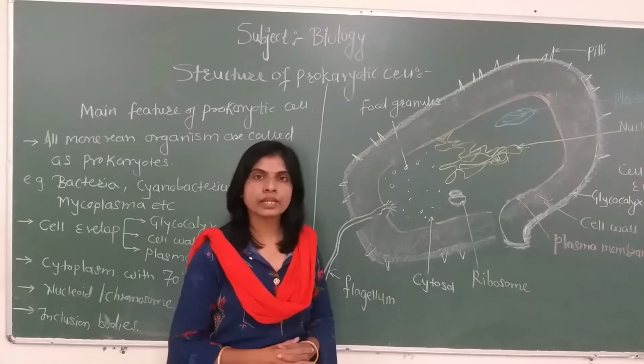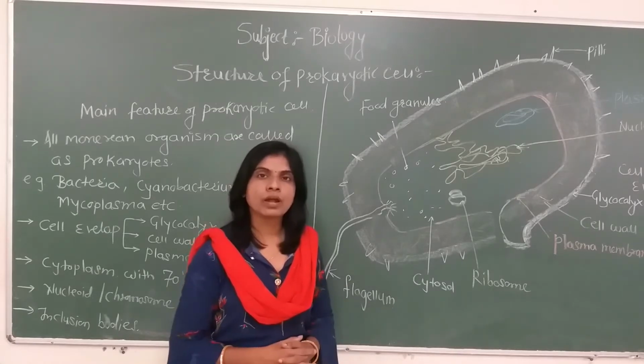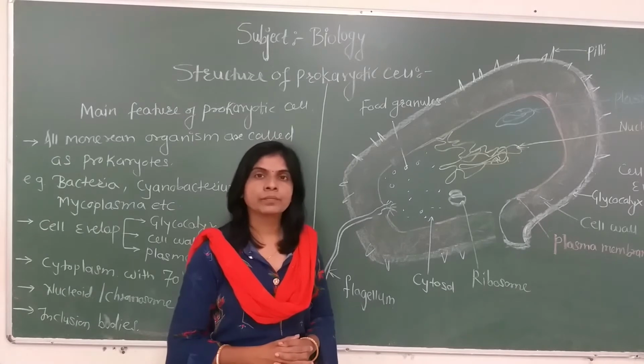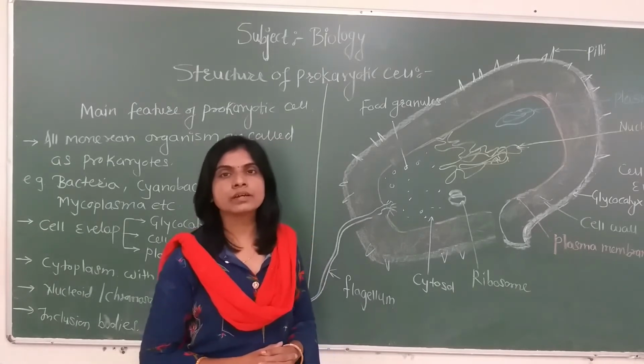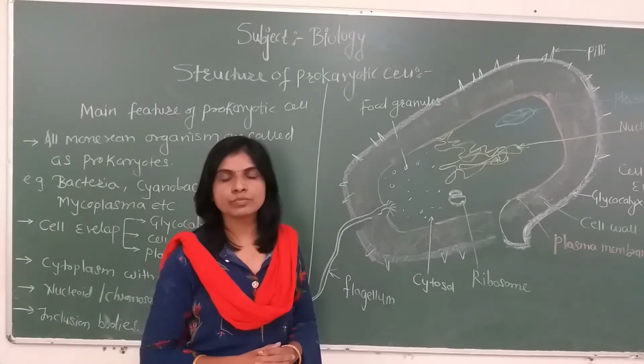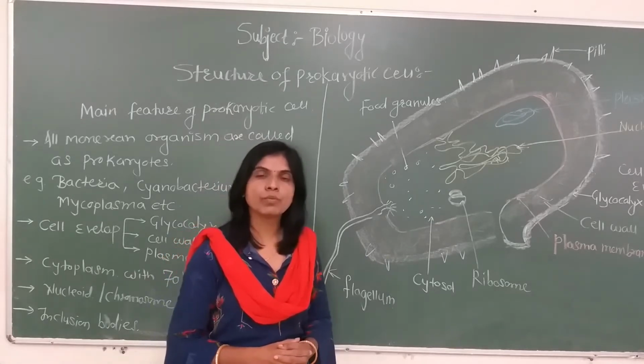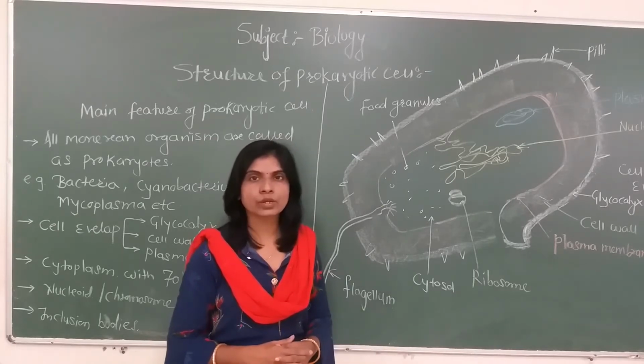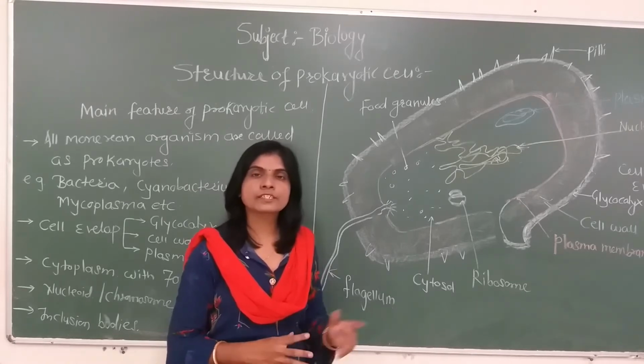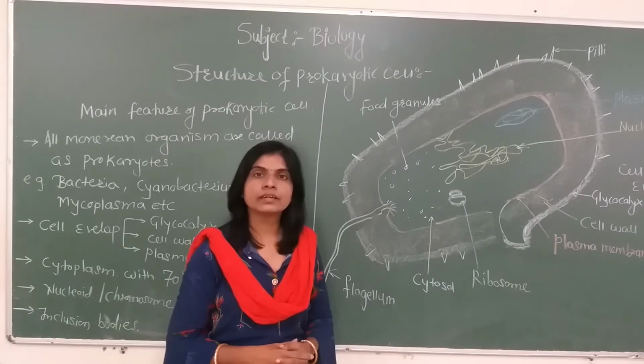Later on, it was observed that if the cell wall is made up of peptidoglycan, then that bacterium remains colorful even after being washed with alcohol, and these bacteria are called Gram-positive bacteria. Whereas the prokaryotes having a cell wall made up of murein, when stained with the Gram stain designed by the Dutch bacteriologist Gram, and then exposed to alcohol, get decolored because their cell wall is made up of murein.